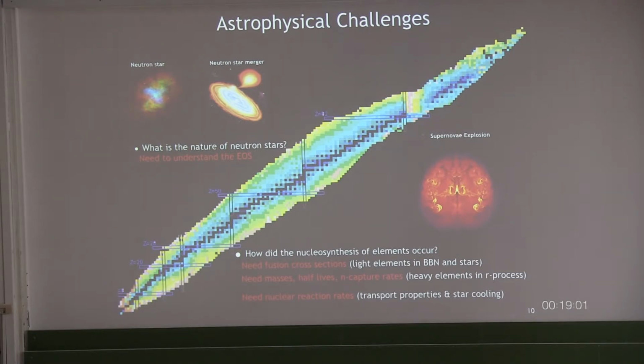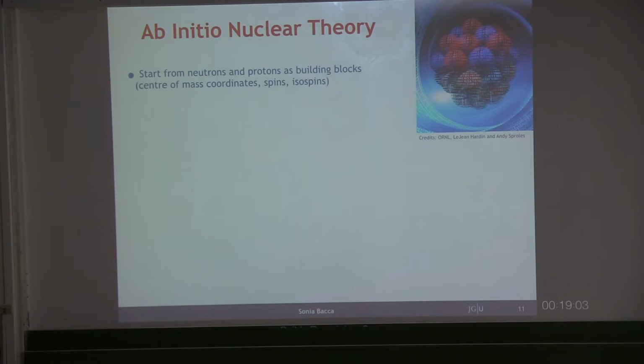Okay, now let me tell you a bit more about ab initio nuclear theory. Ab initio is a Latin term which is used in many different areas of physics with different meanings.